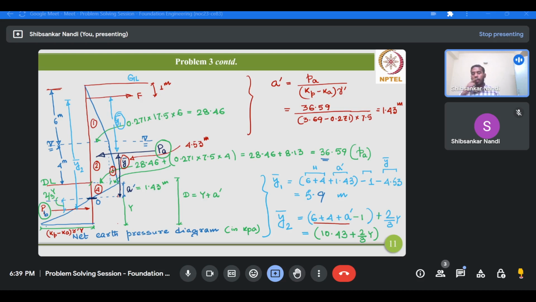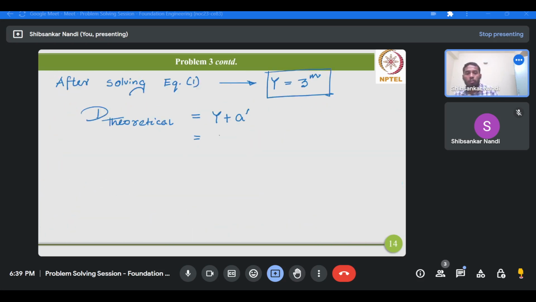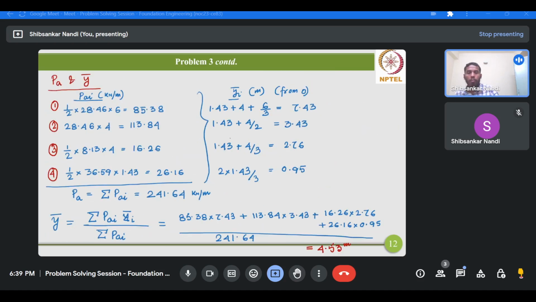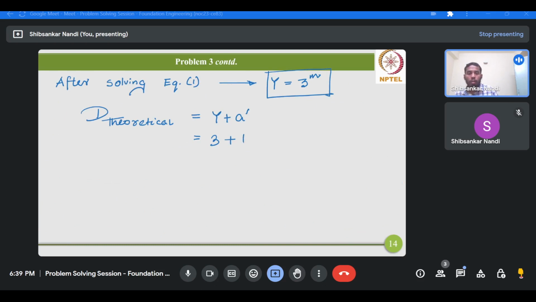This a bar is the depth of the point where the net earth pressure is 0 from the ledge level, and y is the height of this triangle. This y value we have calculated as 3, and a prime is 1.43. Therefore, 4.43 meter. This is the theoretical embedment depth.